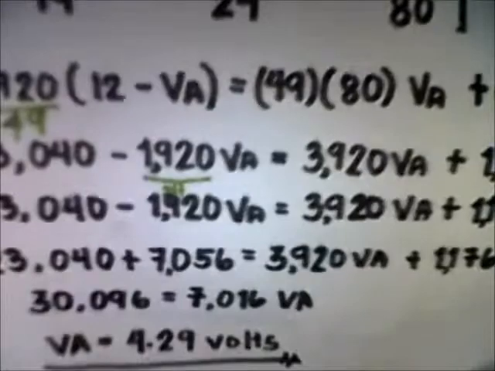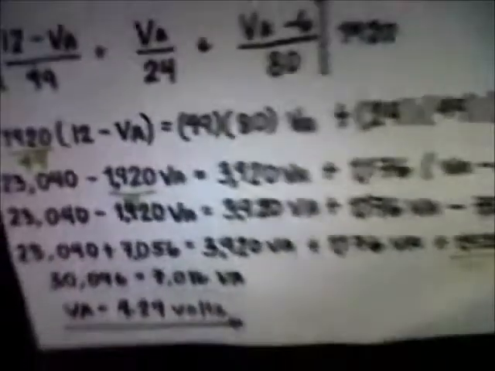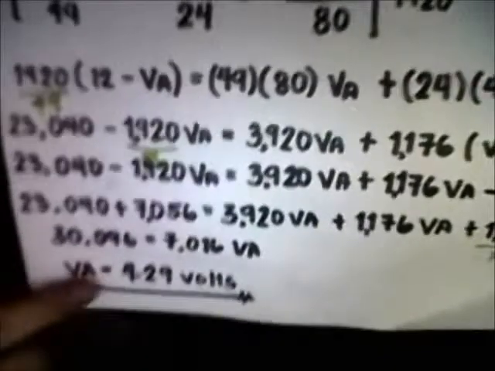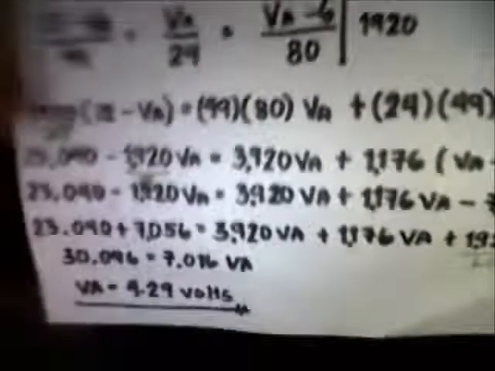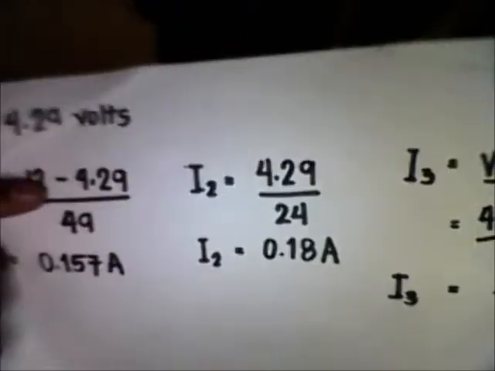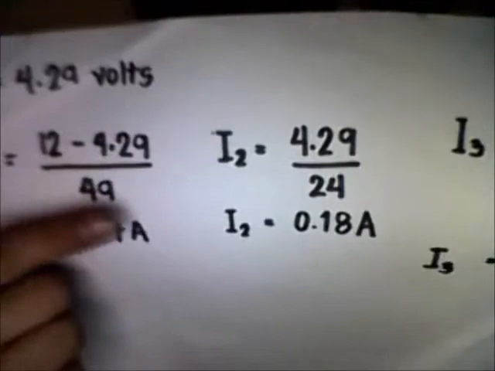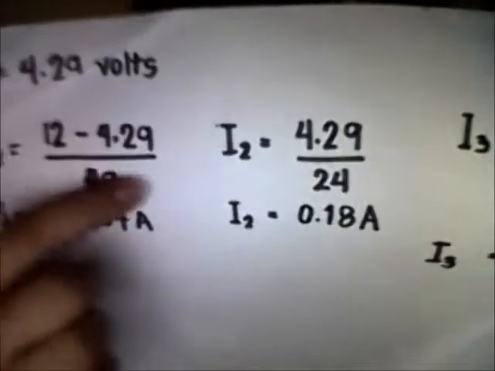Next, we have to solve for the current. So we have to substitute the value of VA. In substitution, we have I1 equal to 12 minus 4.29 all over 49.